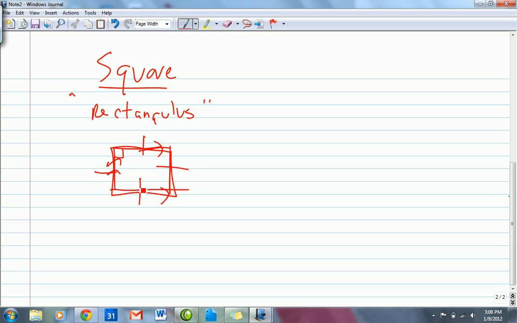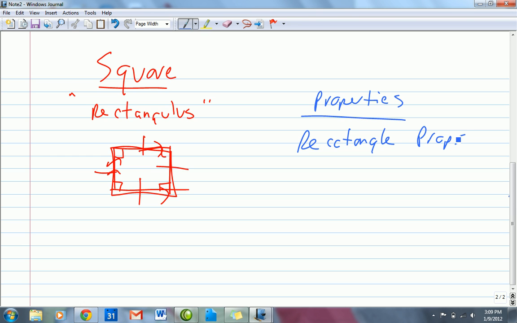1, 2, 3, 4. Everybody knows what a square is. We won't make that harder than it needs to be. But a square is both a rectangle and a rhombus. So we have all the properties, which I'll write in blue. Because it's a rectangle, all the rectangle properties, which includes four 90-degree angles, and the diagonals are congruent.